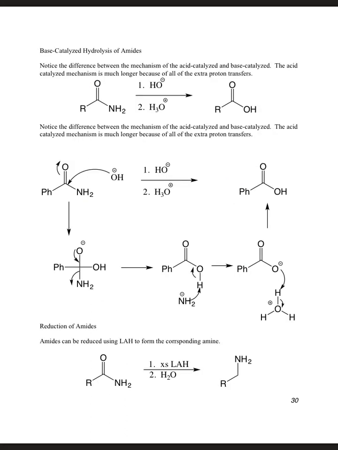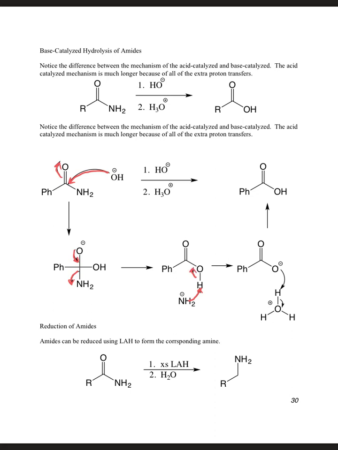What else can we do with an amide? We can cleave it with base, followed by an acid workup. In the base catalyzed way, we add in hydroxide, form the tetrahedral intermediate, reform the carbonyl, kicking out the amide, and then the amide can go grab a hydrogen off of the carboxylic acid we just formed.